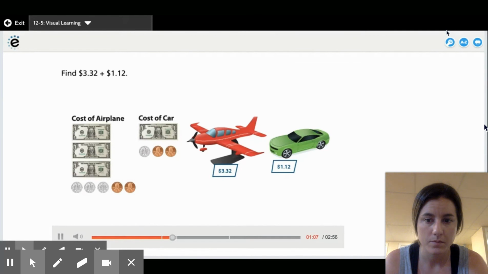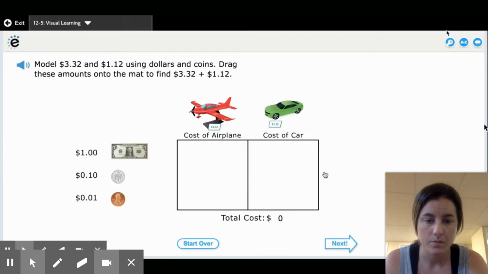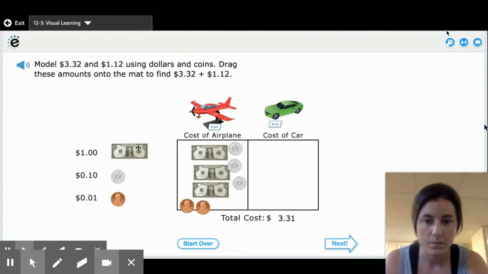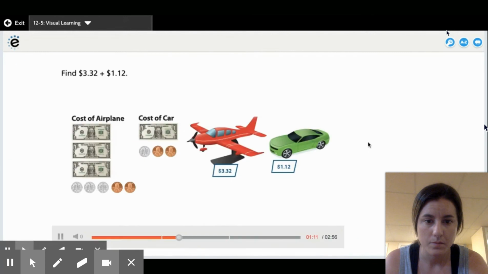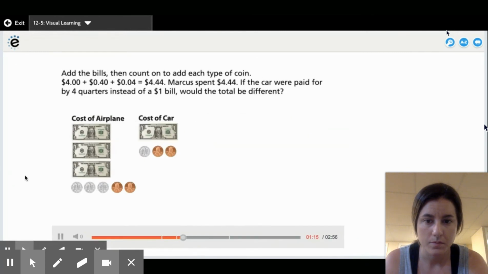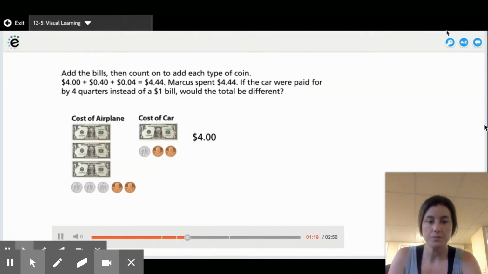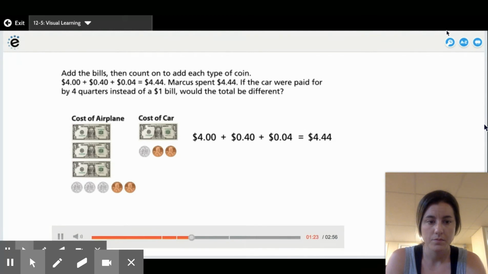Find $3.32 plus $1.12. Count on to add each type of coin. $4 plus 40 cents plus 4 cents equals $4.44.